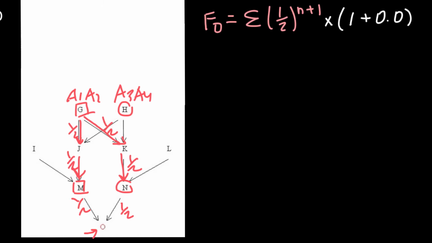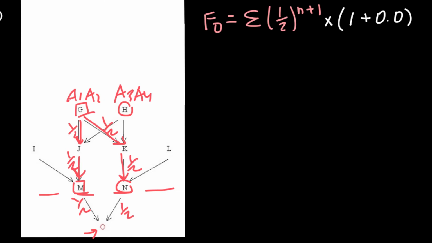This is the same as 1/2 to the power of 6 plus 1/2 to the power of 6. So, because we stop our calculations at the parents of this individual, we have to add 1 to the number of passes.